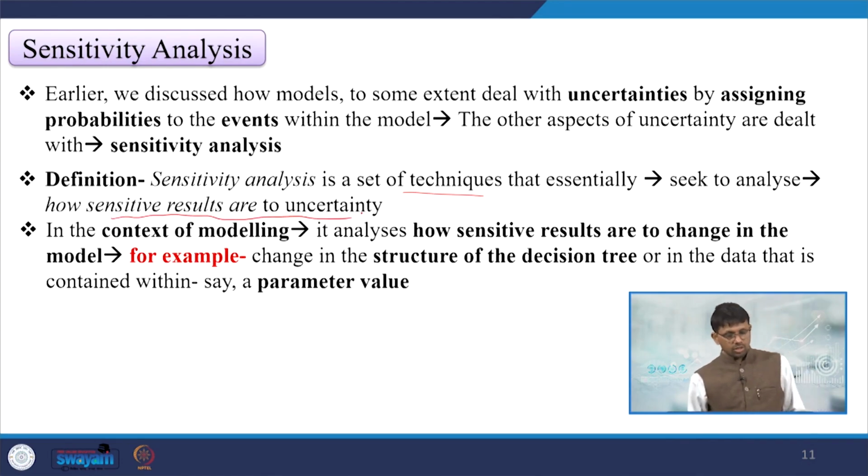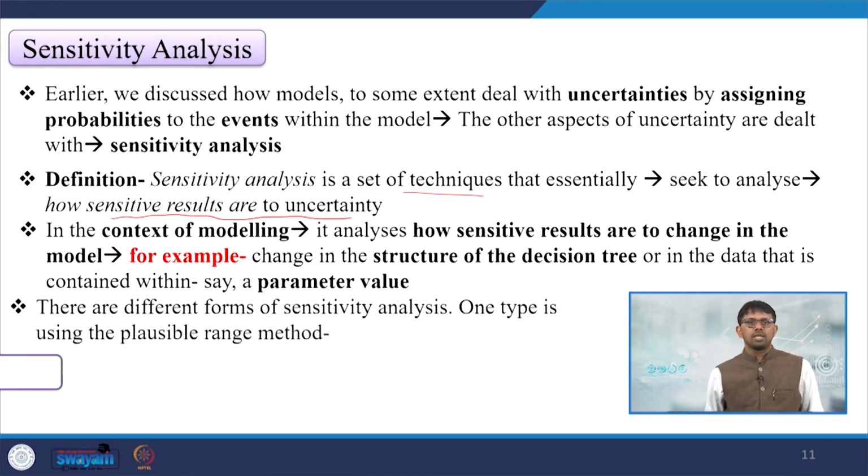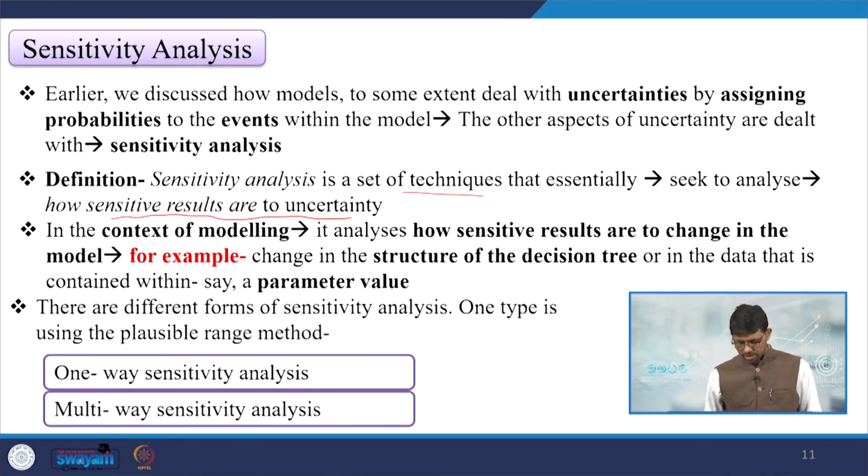In the context of modeling, it analyzes how sensitive results are to change in the model, for example change in the structure of the decision tree or in the data contained within it, or a parameter value.